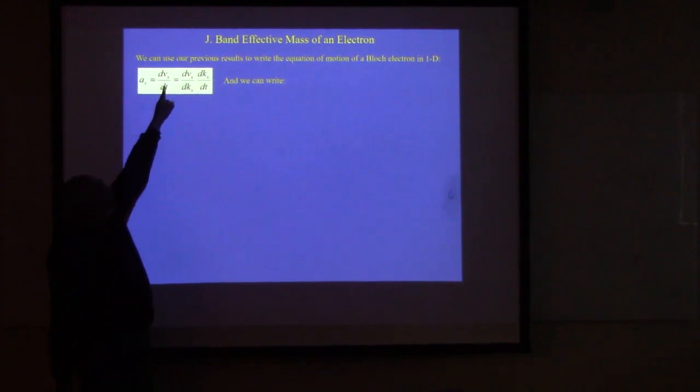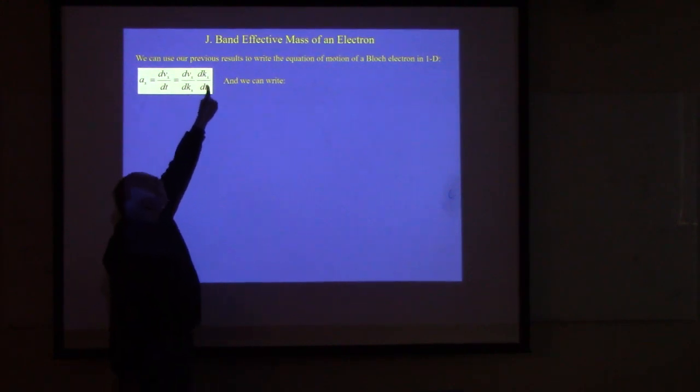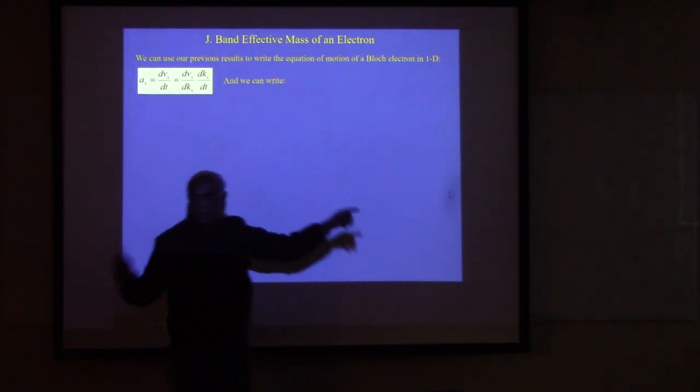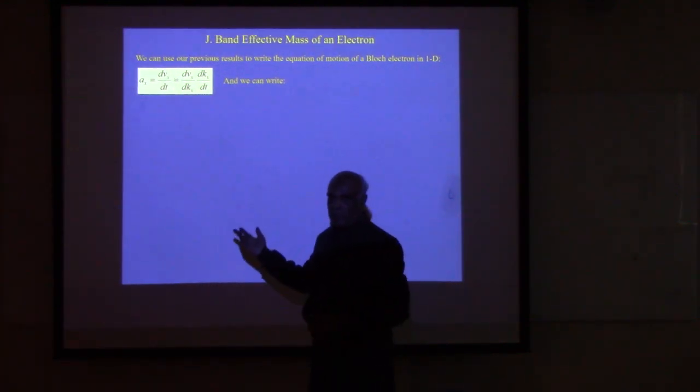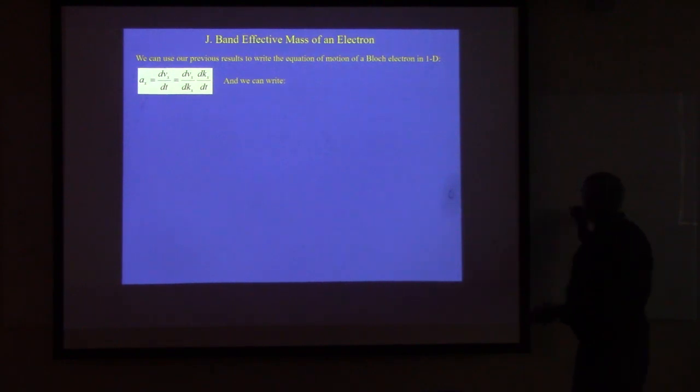Acceleration you can write as the time derivative of velocity, right? That you can write as dv over dk times dk over dt. Is that clear? Now we know how to connect dk over dt to force, right? So basically, I don't have much time. ax you can write as dv over dk times dk over dt.